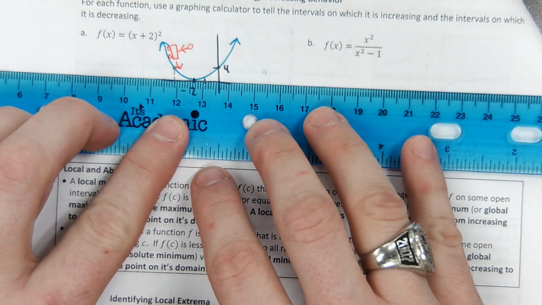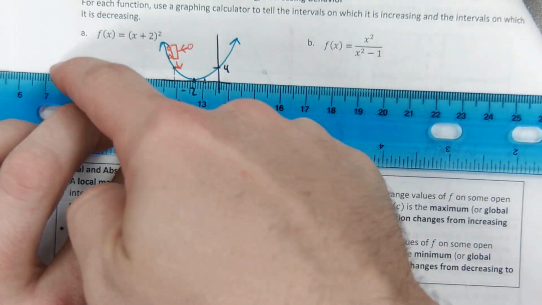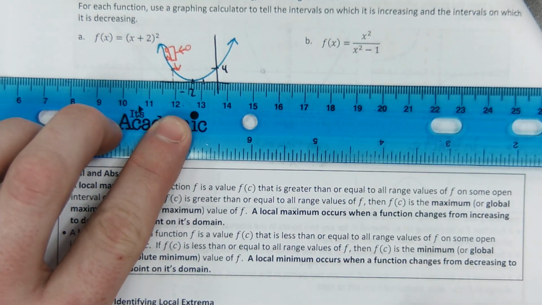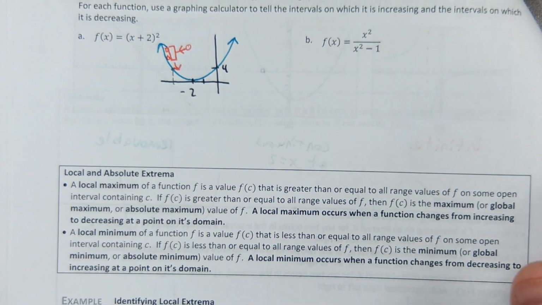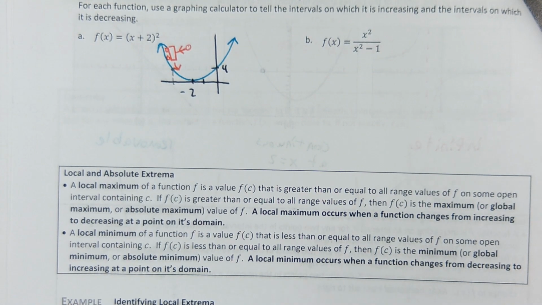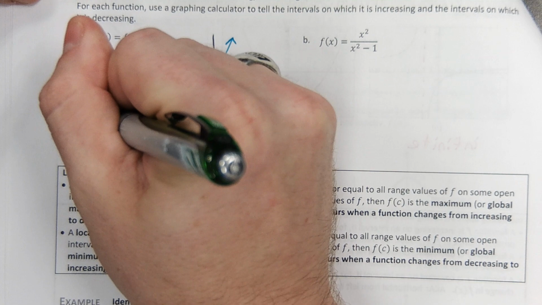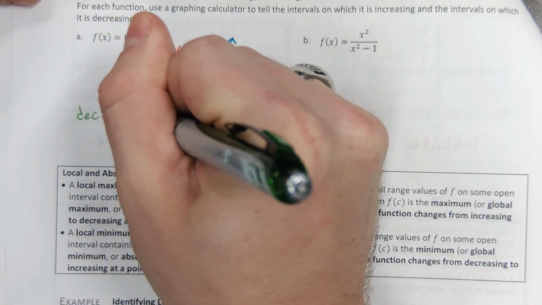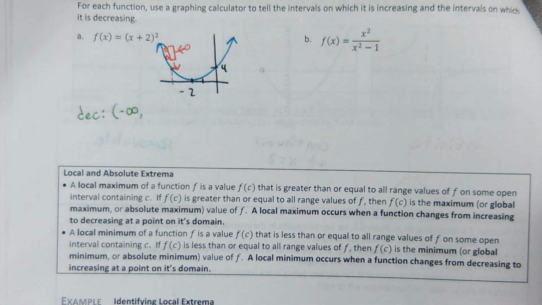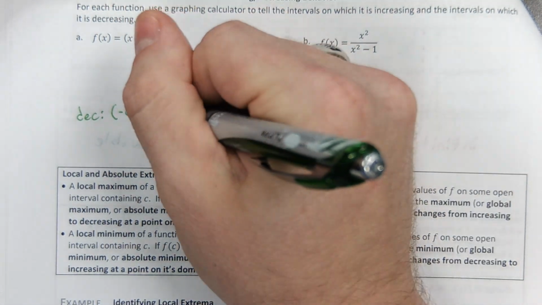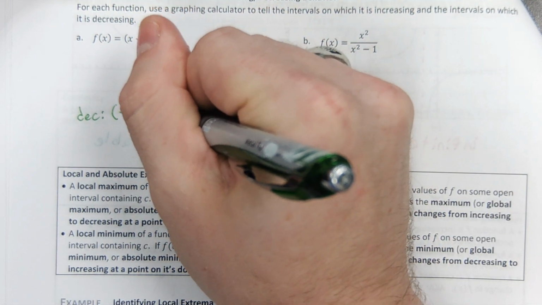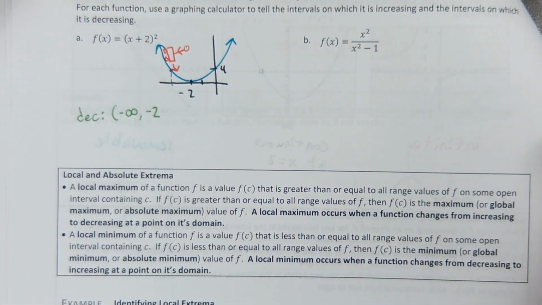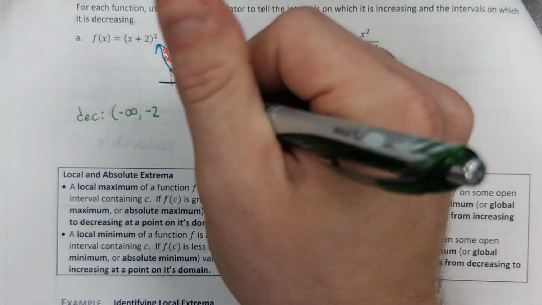And actually at the vertex, technically you have a slope of 0 because it's horizontal. My paper's crooked. So we are decreasing on the left side of this graph. We decrease from negative infinity all the way until the vertex of this graph at -2, and College Board wants us to bracket the boundaries between increasing and decreasing change.